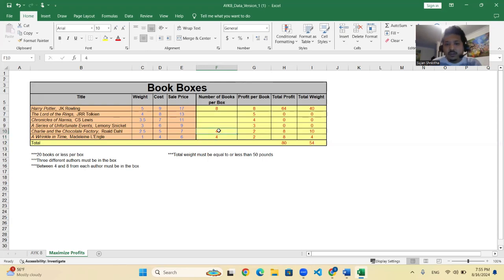So we cannot take eight Harry Potter books. Let's take seven. Total profit will be 56 and weight will be 35.